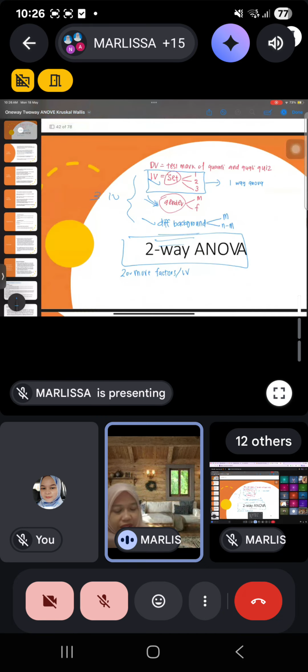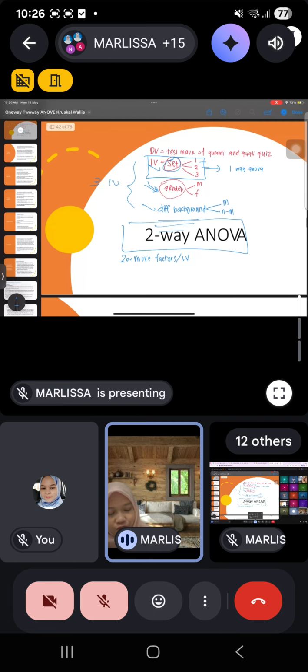Just like what I said before, the set, you can have 1, 2, 3 groups. And the second variable, you can have gender, which is male and female. In one-way ANOVA, you cannot use gender. But in two-way ANOVA, you can use gender, which only has 2 groups.